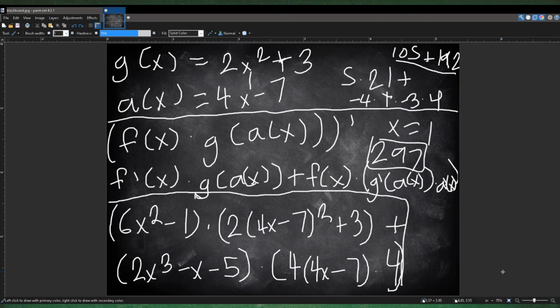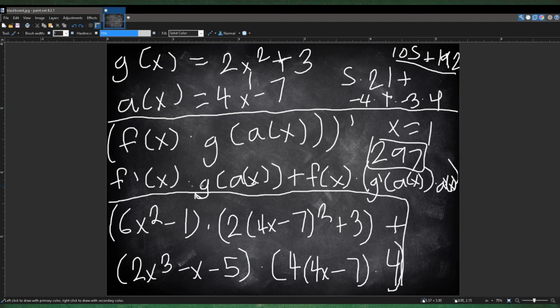Quotient rule: the derivative of the numerator times the regular equation of the denominator, minus, because it's a derivative of a quotient, where it would be plus for the derivative of a product, the regular equation of the numerator times the derivative of the denominator. All of that divided by the denominator squared. So the square of the denominator.